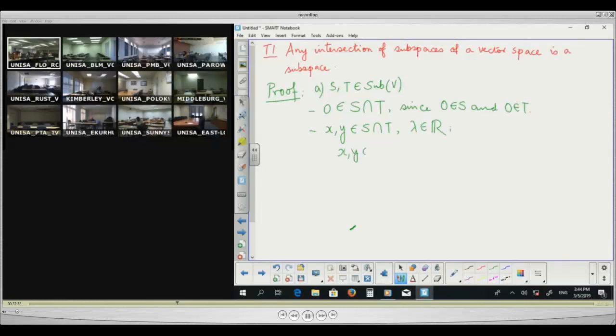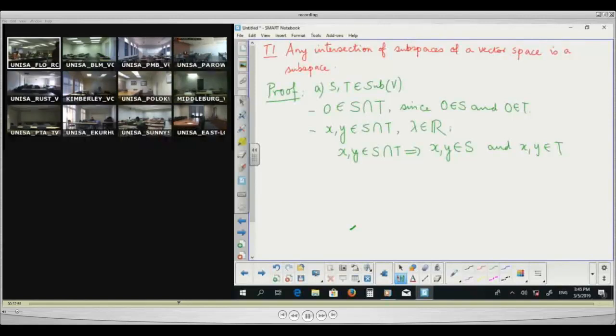Is it 0 or the empty set? 0 is the zero vector. The empty set I shall always write as a crossed-out 0. Okay?